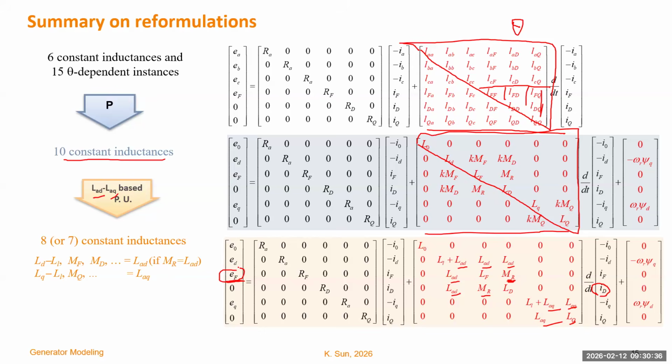So there is very little leakage flux. Which means even though MR is different from the other mutual inductances in D axis, it could be very close. So we can even make this assumption. Then we will have 7 constant inductances. That's a large reduction compared to the previous step.